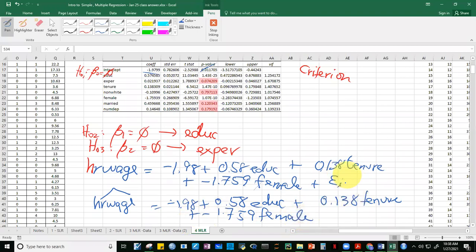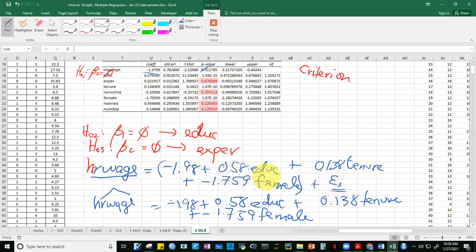Okay? Mawawala na yung error term. Kasi exact na to eh. This is the actual value. Ito yung predicted value. So possibly hindi siya equal dun sa actual, kaya naglalagay tayo ng error term.